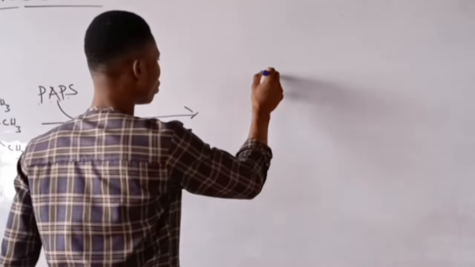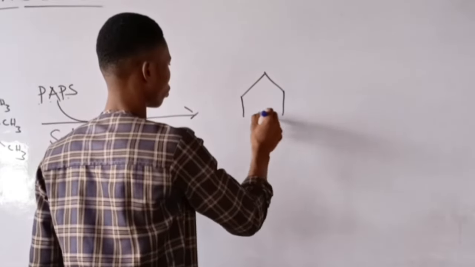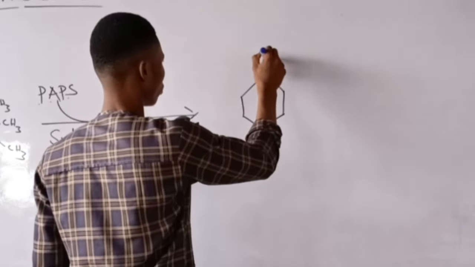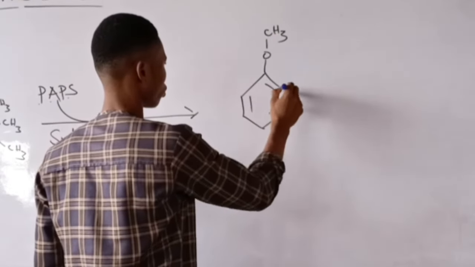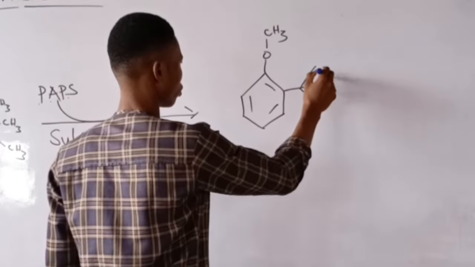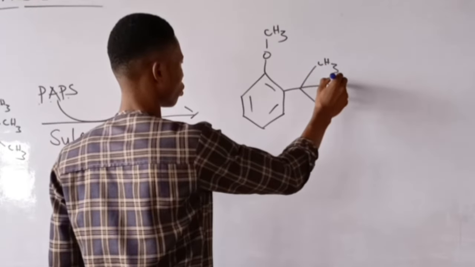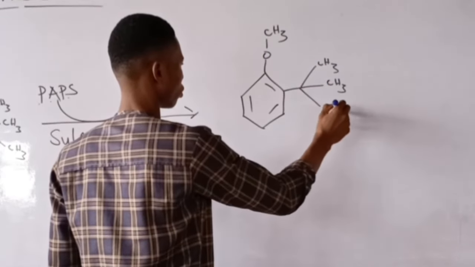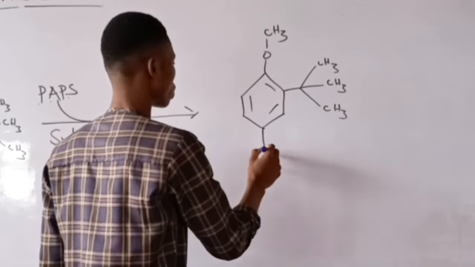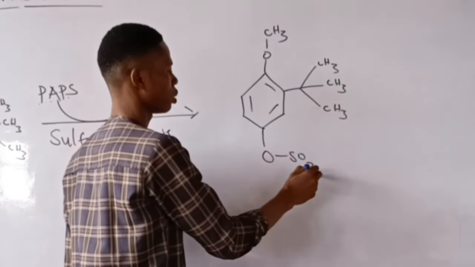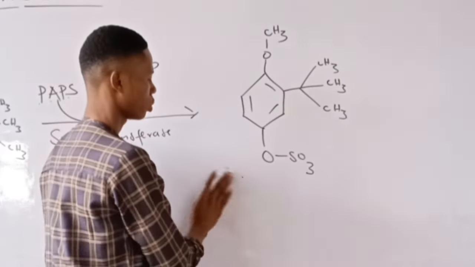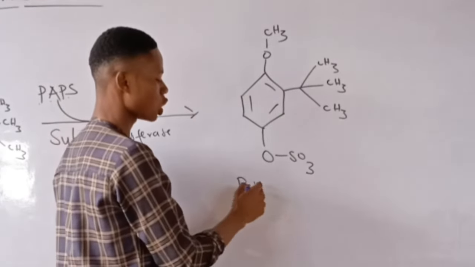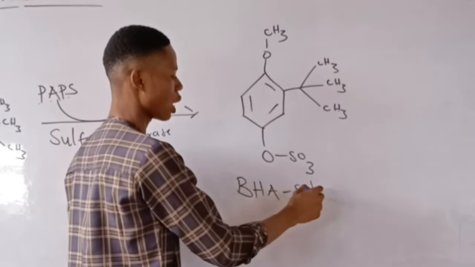So we'll be having O, what? SO3. So this is what? Butylated hydroxy anisole sulfate, right?